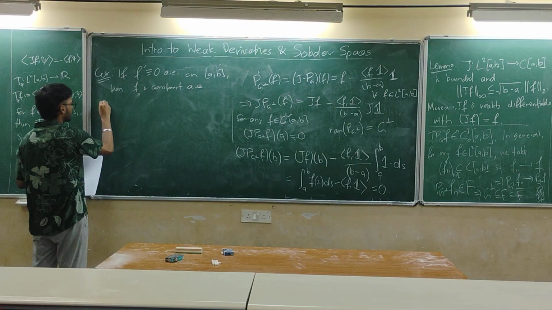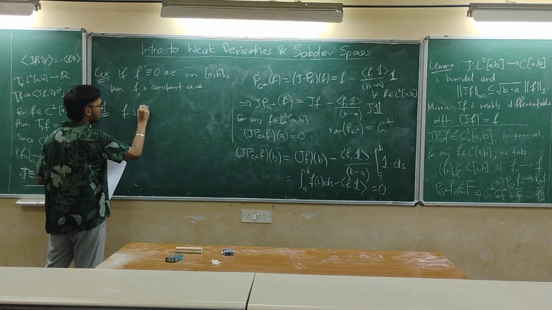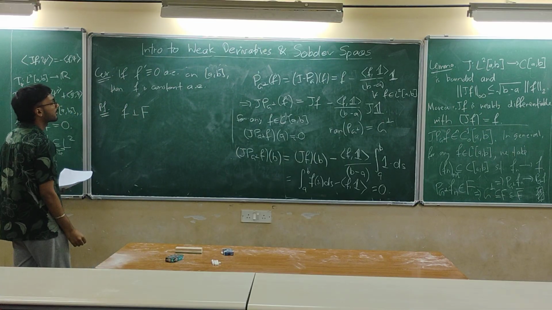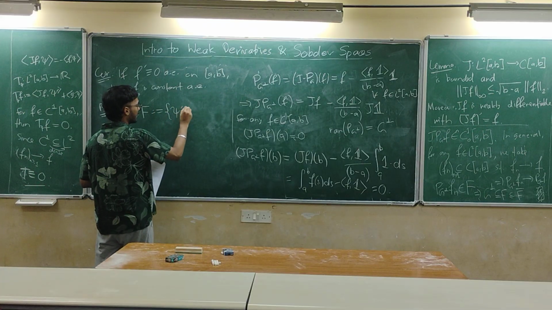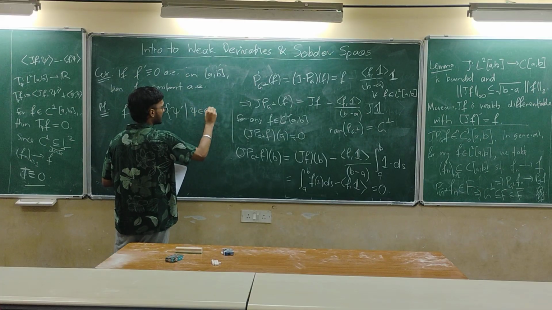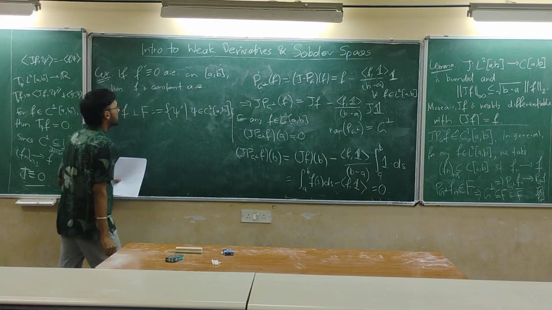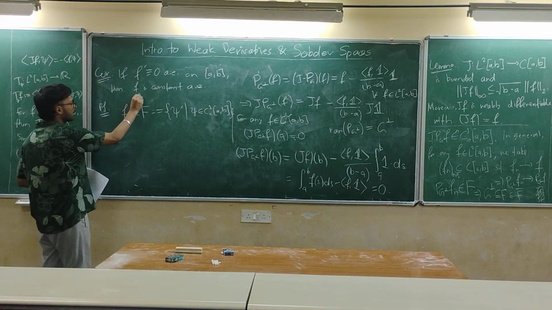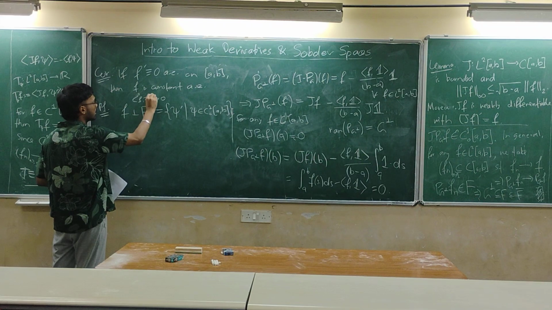So by definition, f is perpendicular to capital F, where capital F is defined as derivatives of test functions in C_0^1. This is by definition, since we have f prime equal to 0.